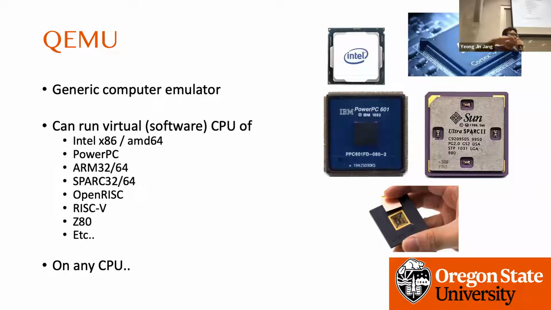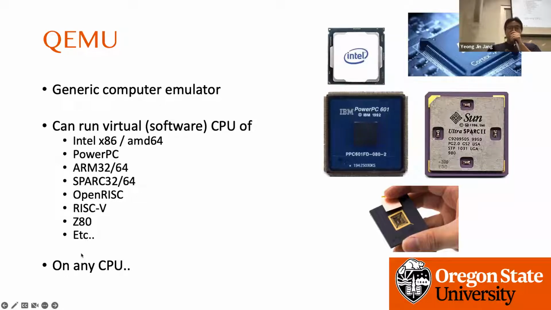So there have been a lot of emulators for x86, ARM, or different CPUs, but in the 1990s, most of the systems were targeting one architecture. So there was an emulator for x86, an emulator for ARM, an emulator for PowerPC. But QEMU was the open source one that tries to virtualize any kind of CPU available in the world, so that they can support a list of CPUs like this.